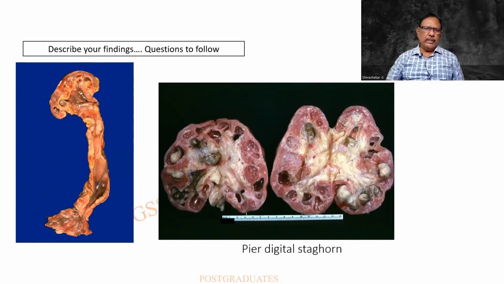And probably there is some calyx that I can make out here. Kindly look for it in all the specimens. You are supposed to decipher something. Here again there is a distension and it is probably the branching calculus that is seen, a staghorn calculus. So I am able to find it in multiple calyces as such.